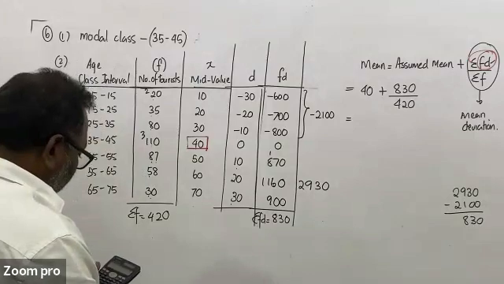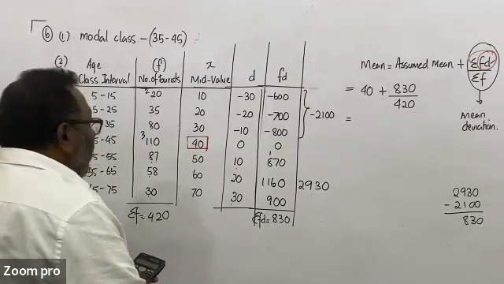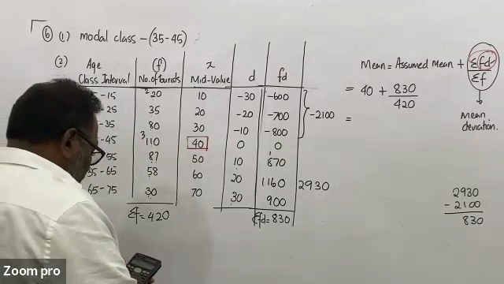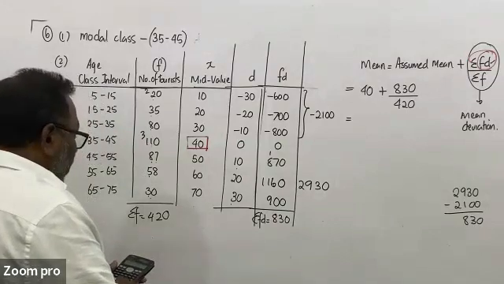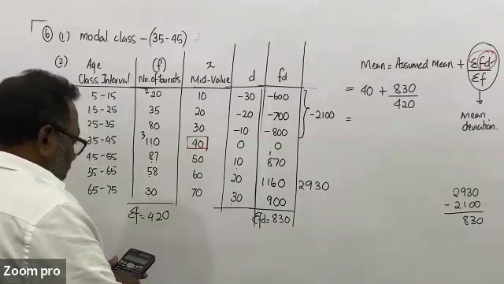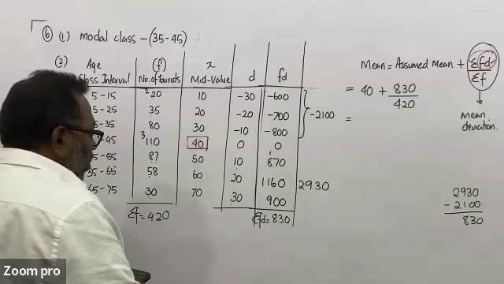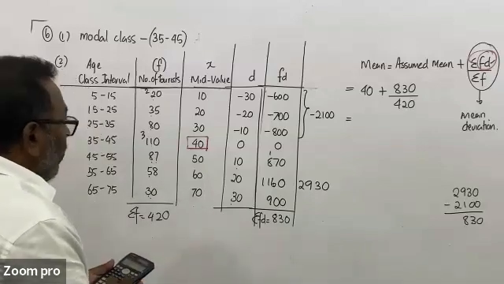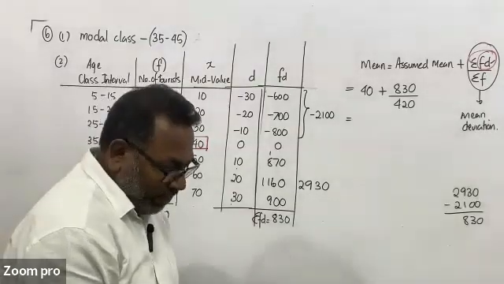Okay, all done. So 600 plus 700 plus 800, 2100, 870 plus 1160 plus 900, 2930 minus 2100, 830. So that is fine.